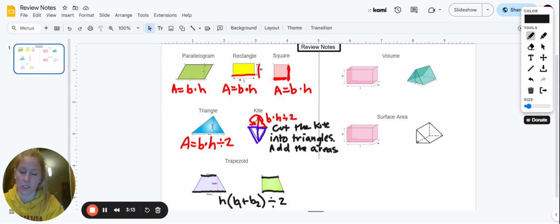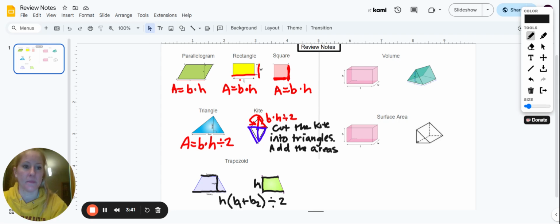So we need to divide by 2 to average those out is what's happening. So on the right-hand one, since it's a right trapezoid, the height is just that side right there on the left. On this one right here, the height is in the middle of the shape. So you really just need to look at those carefully before you decide which pieces you put where in your formula.